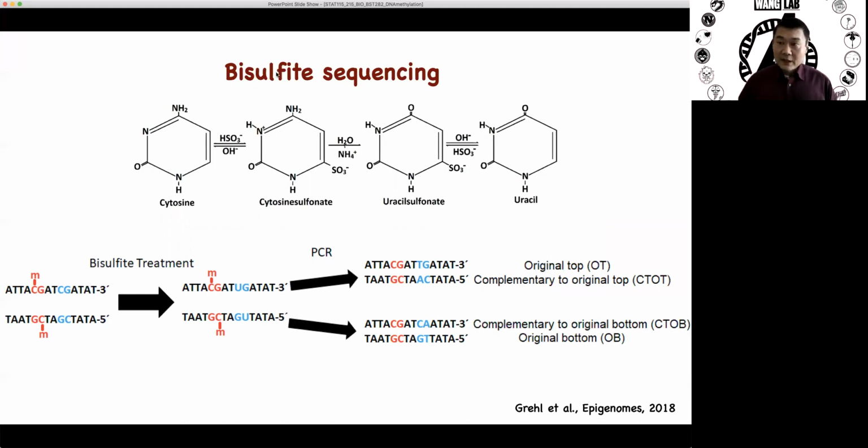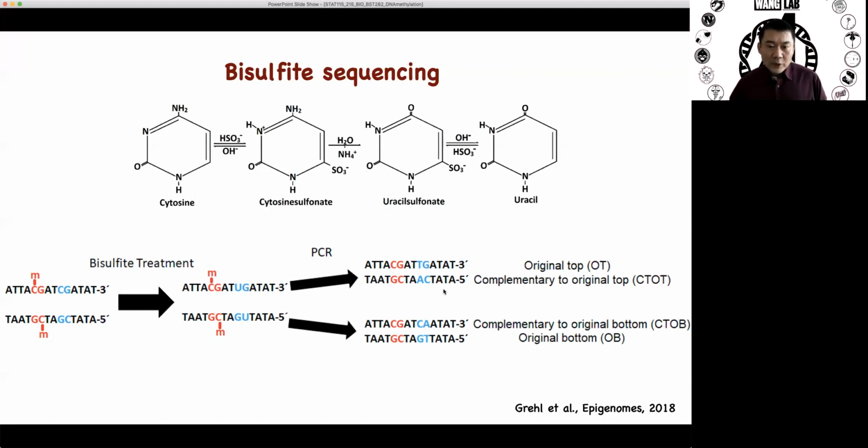Bisulfite is a treatment that can turn unmethylated cytosine into uracil, right? In this process, methylated cytosine is protected, so it's not converted. But unmethylated cytosine gets converted into uracil at a very high efficiency, usually 99.5% of the time.